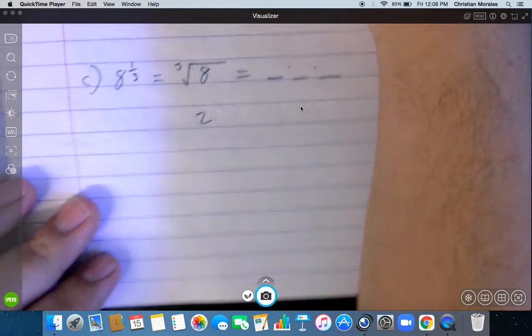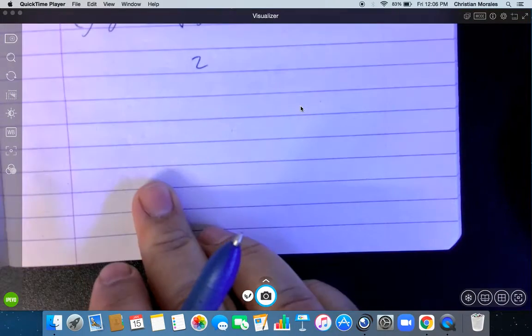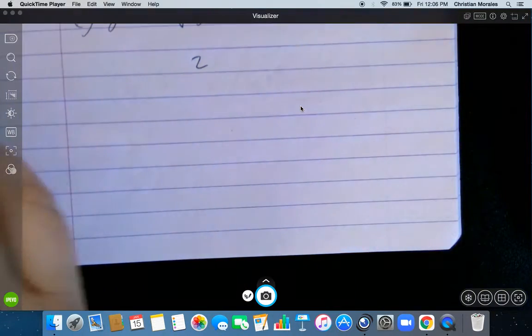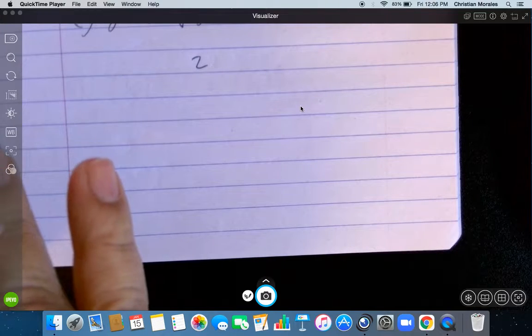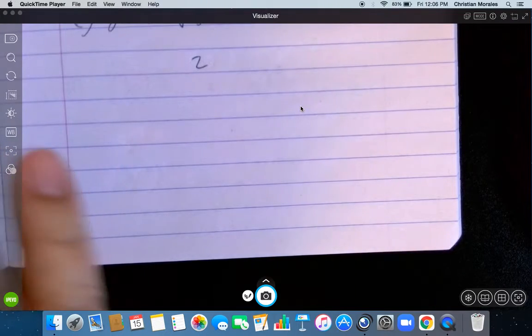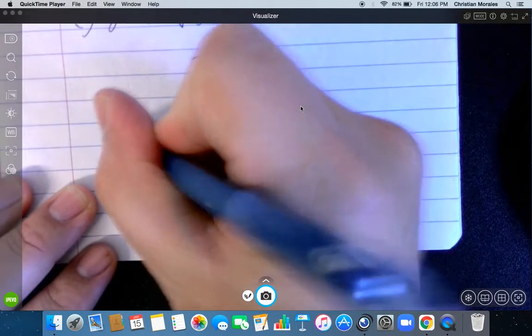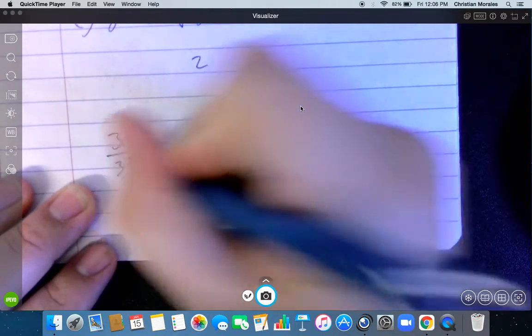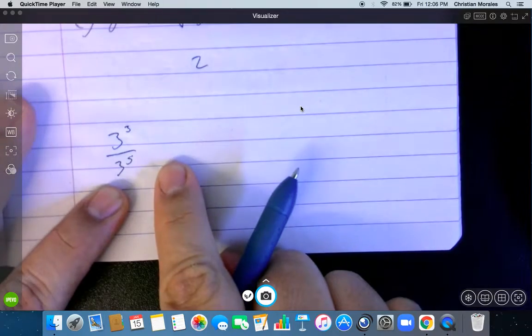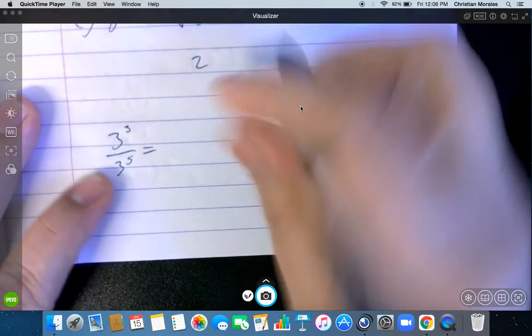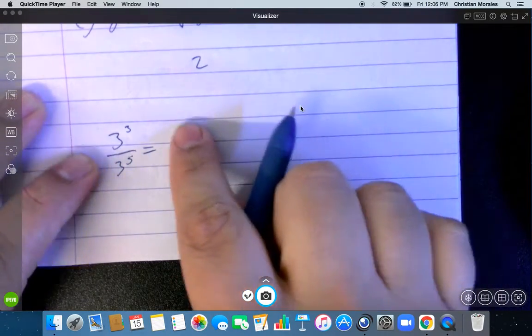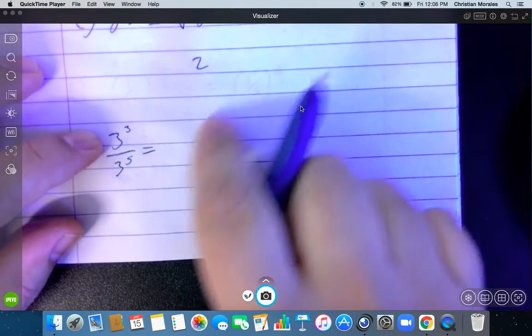The last example I want to show you is what happens if you go negative. So let me write one down real fast. Let's do this. I'm going to go back to the examples of 3. Let's say you have this, okay? This is not a fraction like the other ones were.